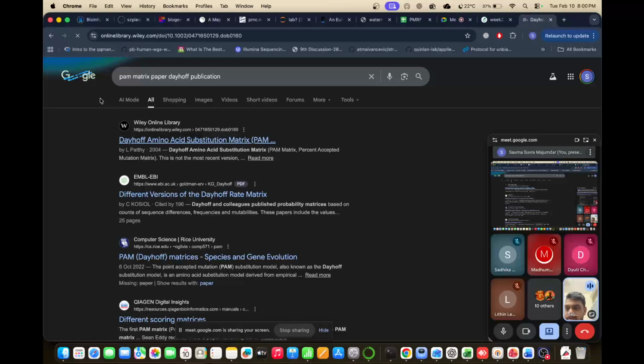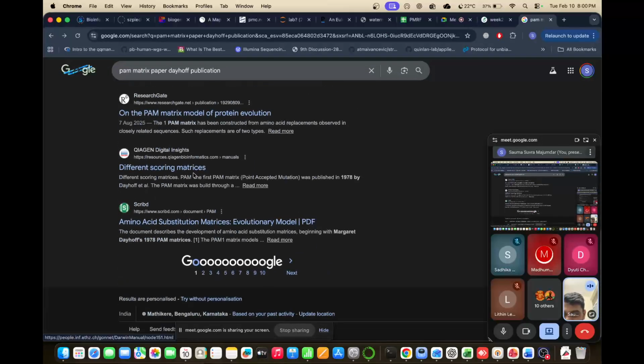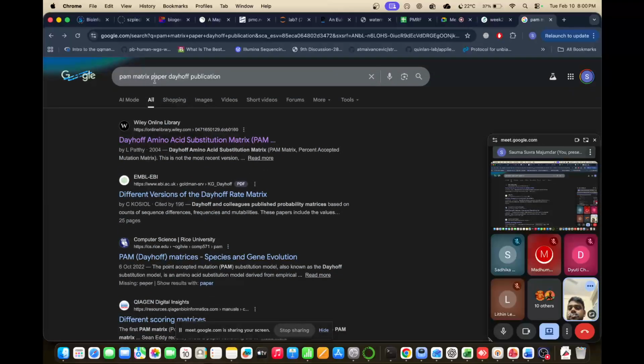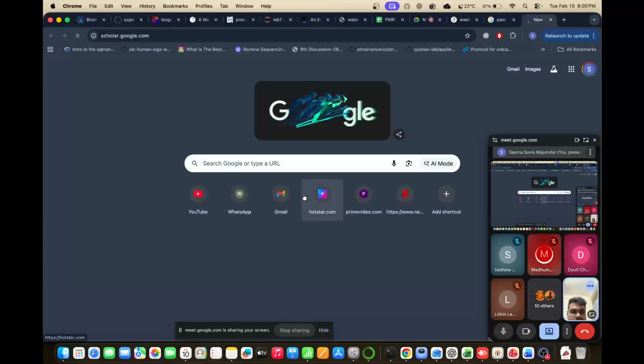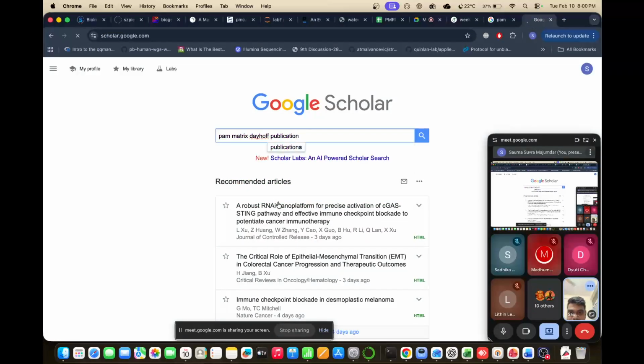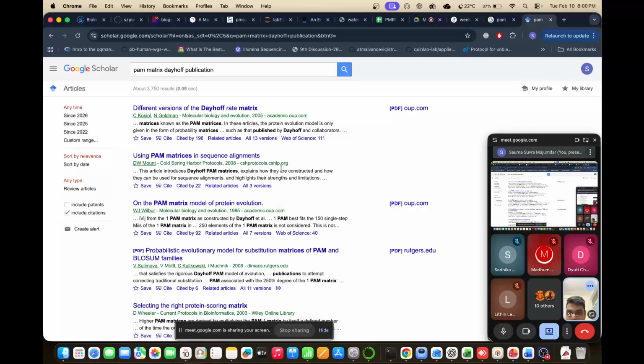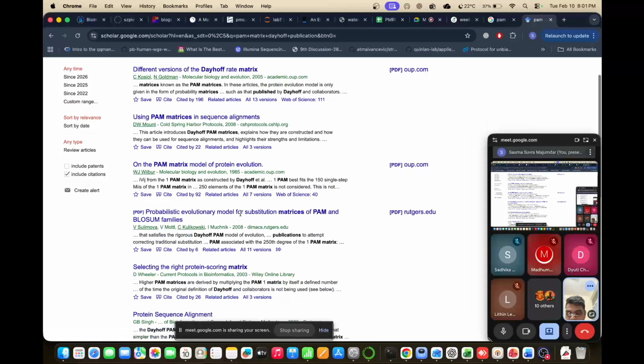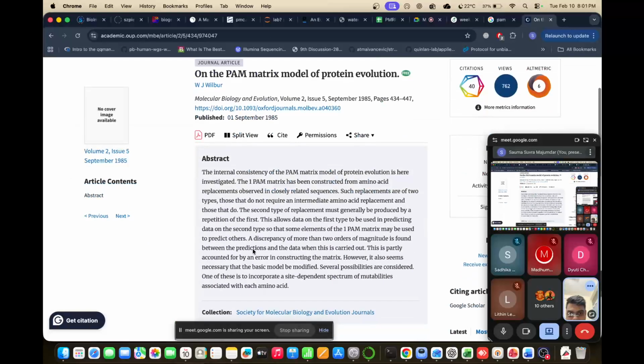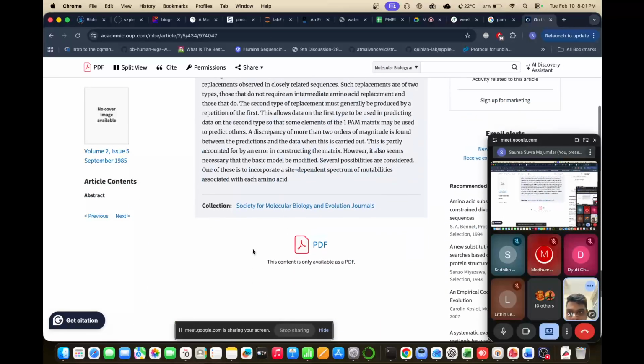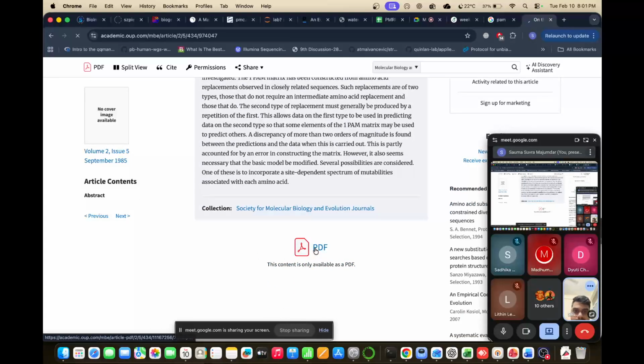I think these are not the original ones. Let me search in Google Scholar. This looks like it probably. I think this one explains the PAM matrix, but I don't think this is the original paper for that.